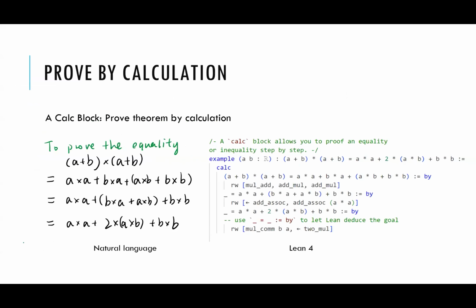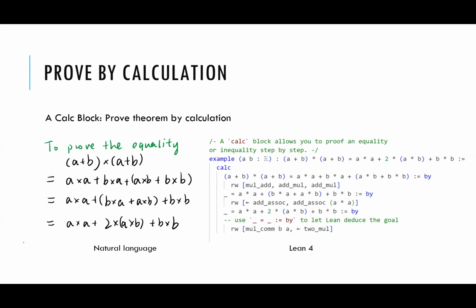Which is calc, which is a calc block. So the calc block allows you to prove the equality in a very natural, very neat way, to write the sequence of equalities. You can see on the left hand side is the proof I wrote by hand, and the right hand side is the calc block.